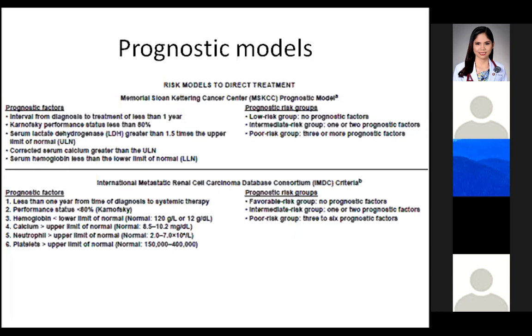So 4 out of the 5 adverse prognostic factors as previously identified dun sa MSKCC are nandito din.